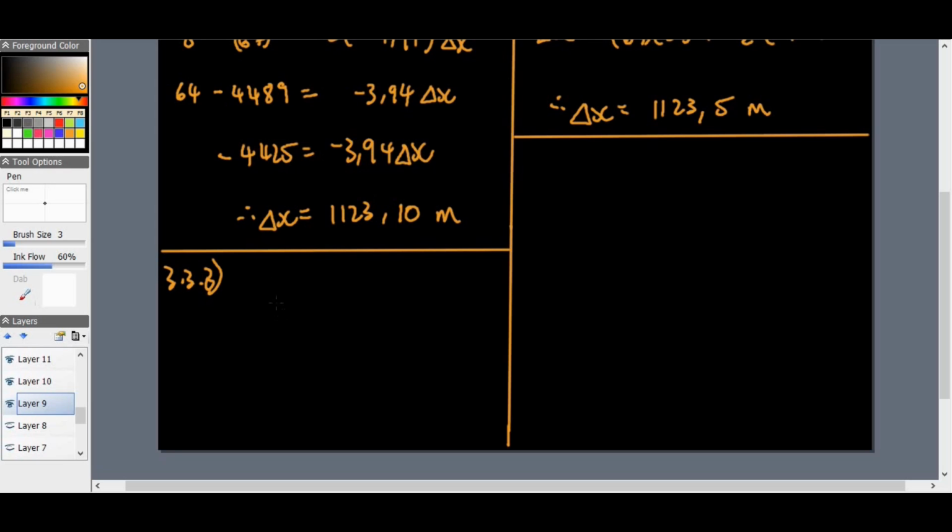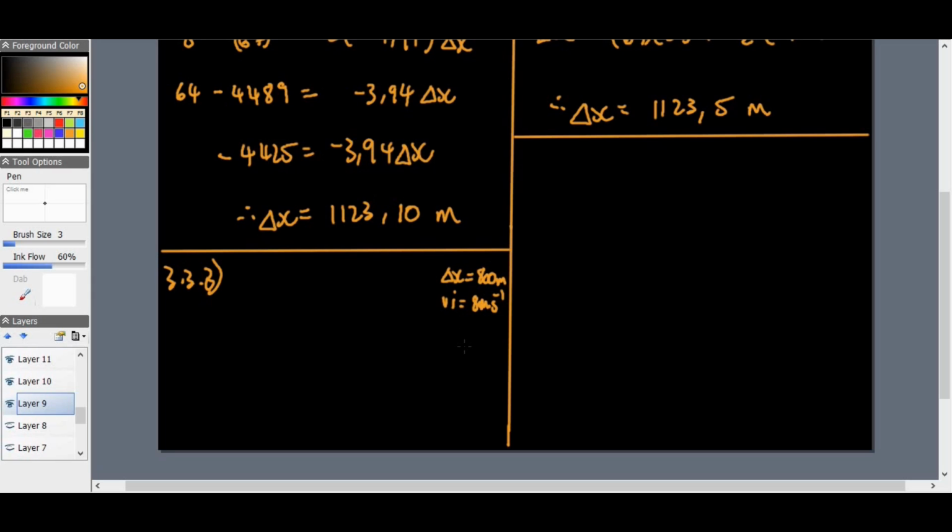Okay, let's see. So we want the time taken, so we know that delta X is equal to 800 meters. We also know VF is still 8 meters per second. Oh no, sorry, for that last 800, that's going to be VI is equal to 8 meters per second. And yeah, that's all we need.